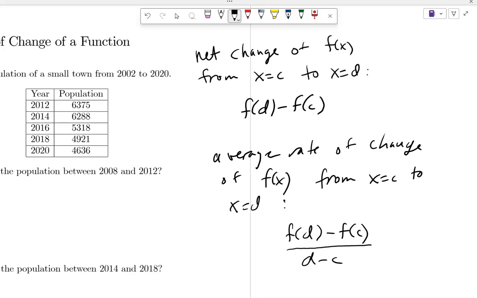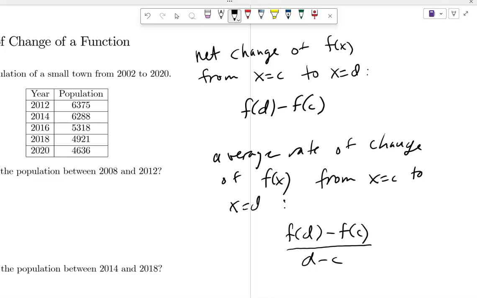Thinking about what the denominator will look like, if you started an hour from now, and it took you until 6 hours from now to do that 300-mile trip, the 6 minus the 1 would give you that 5 hours that it took. So the top is how far did you go, the bottom is how long did it take. That's average rate of change.